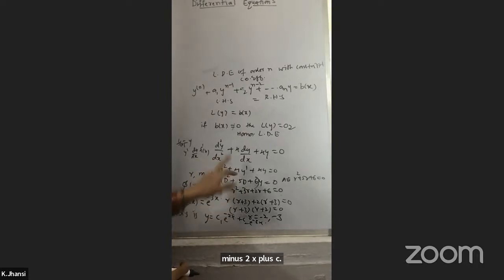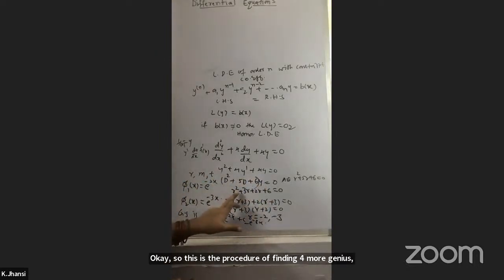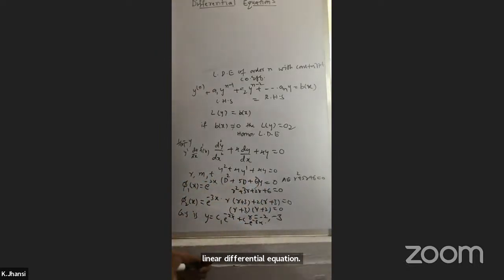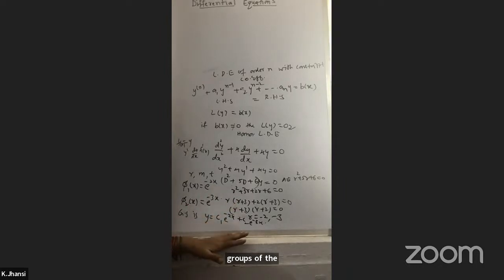So this is the procedure of solving a homogeneous linear differential equation. First, for the algebraic expression ax square plus bx plus c equals 0, we have alpha plus beta and also alpha into beta, where alpha and beta are the roots. So the sum of the roots and the product of the roots will be there.